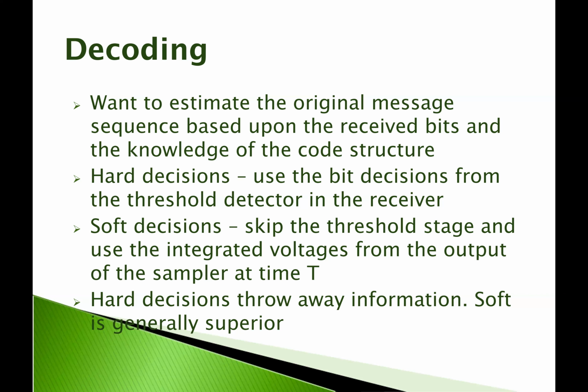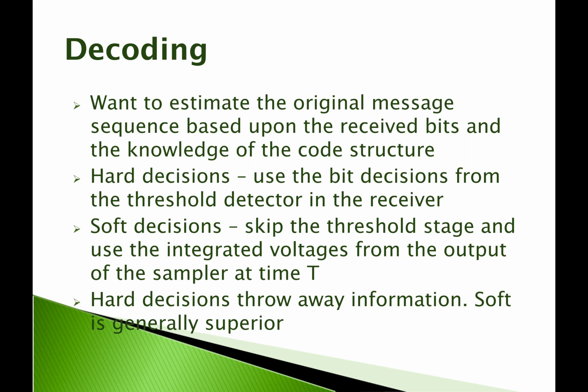If we use soft decisions, we retain that information and understand that a 0.50001 type voltage has a much higher likelihood of actually being a 0 bit than if we had received a voltage of 0.99999, even though they would both get mapped to 1 by our threshold device.